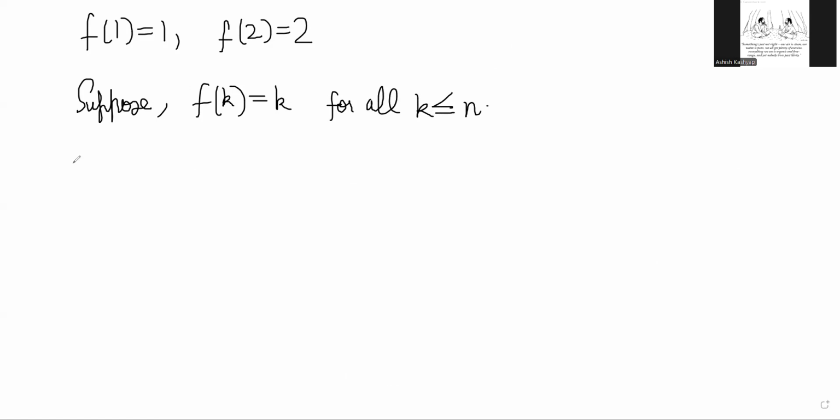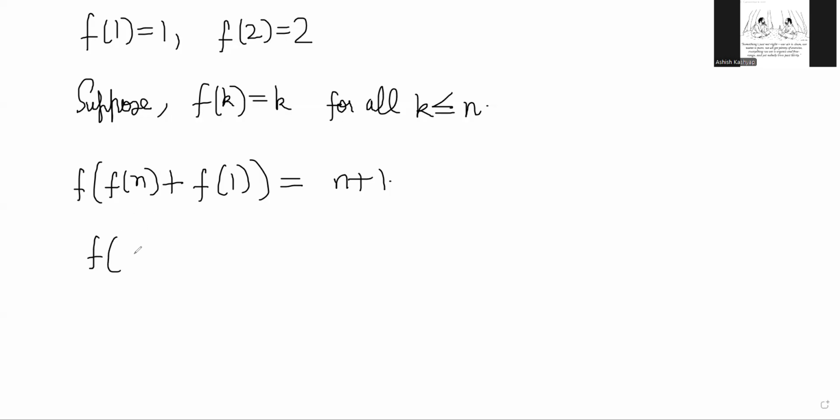Then using the equation f of n plus f of 1 is going to be equal to n plus 1. Using the initial condition of the problem, we are going to now write it as f of n was equal to n by strong induction.